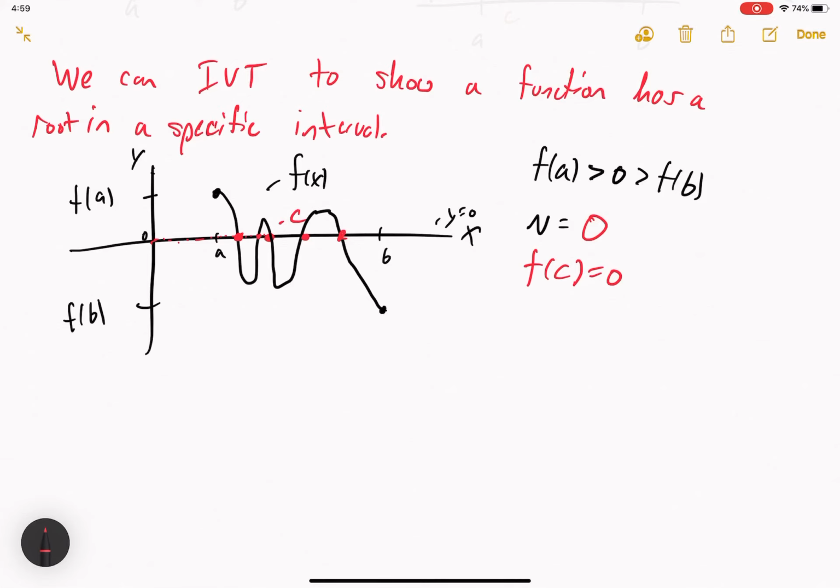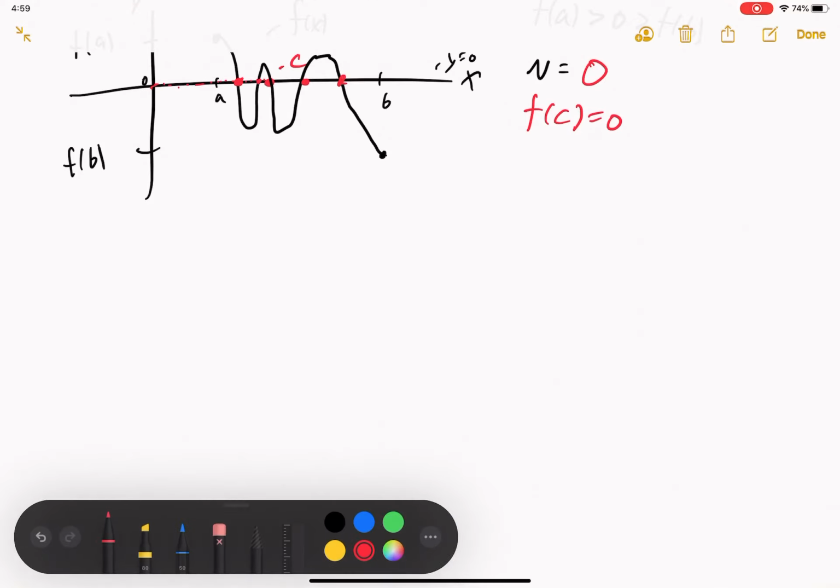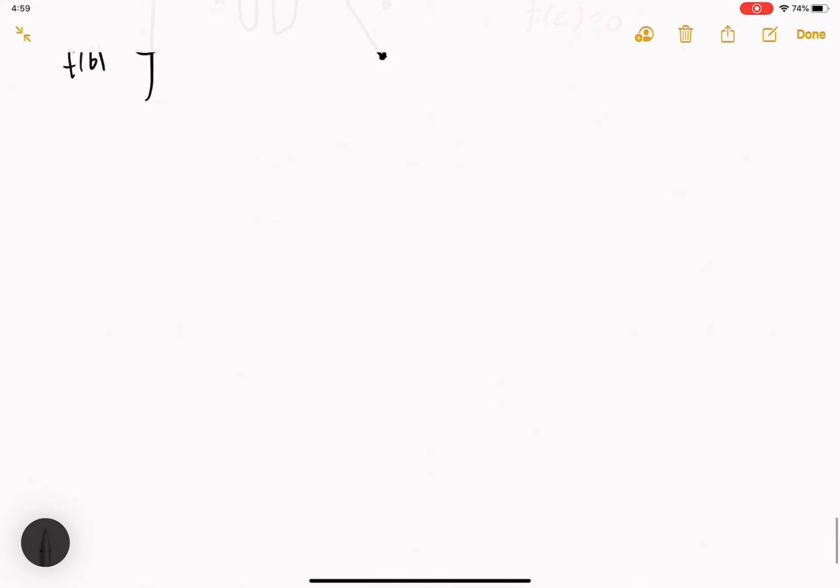So now let's just do another example, but without a graph. Let's do some actual math. And then that'll be the last example for the moment.